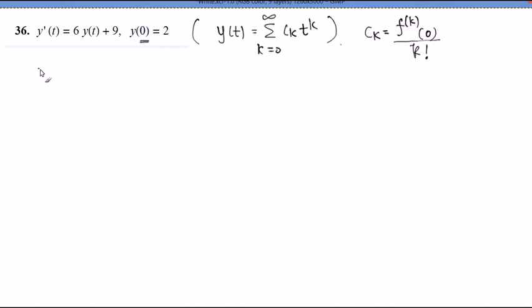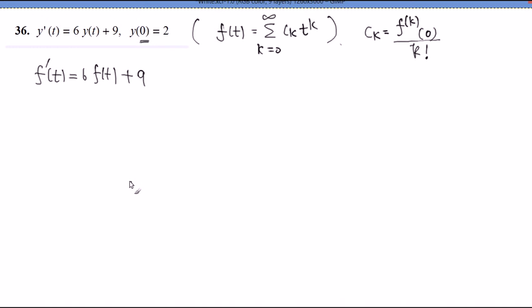So they're saying this is f prime of t equals 6 times f of t plus 9. I'm switching to f here, so I guess I have to use f there. I think f is better. Good. So that's the kth derivative of f and all that.